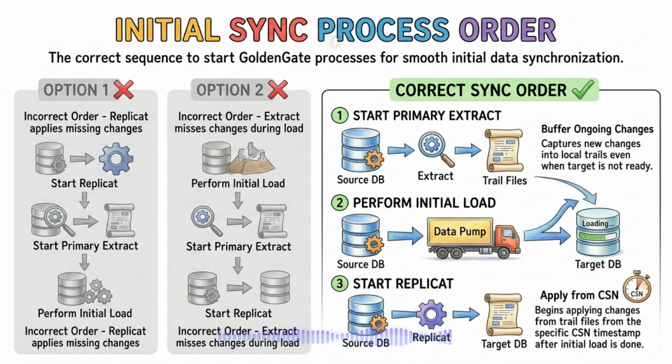Just like the extract, the Replicat is controlled by its own parameter file where you define the specific rules for data delivery. The main difference is that while the extract uses a table statement to select data, the Replicat uses a map statement to decide exactly where the data should go.